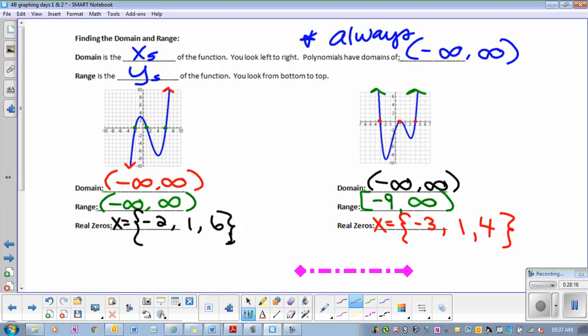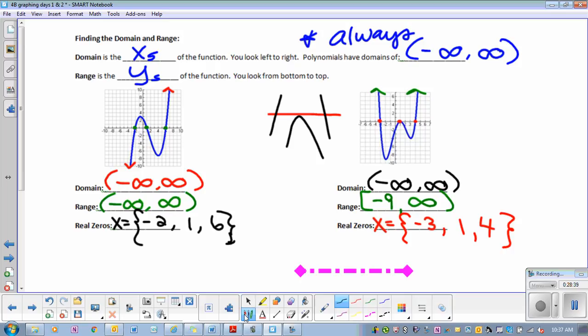So if here's my x-axis, right? I have one that goes through the x. I have another one that goes through the x. But how come this one, wait a second, what did that one do? It bounced off. It turned there, right?